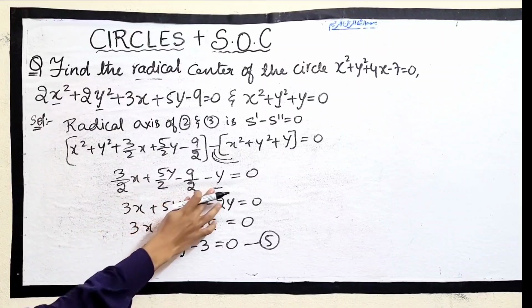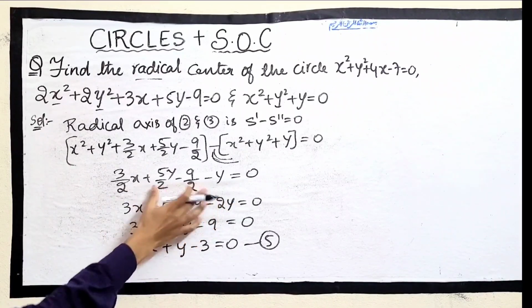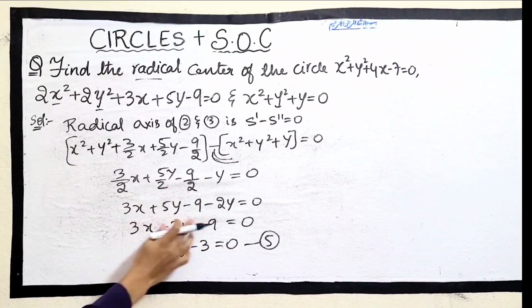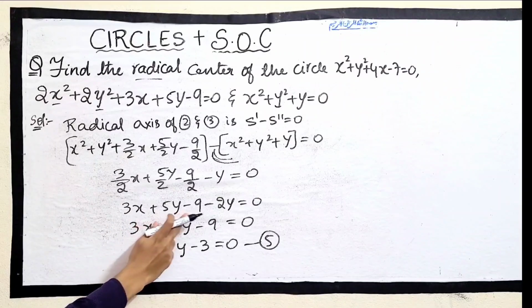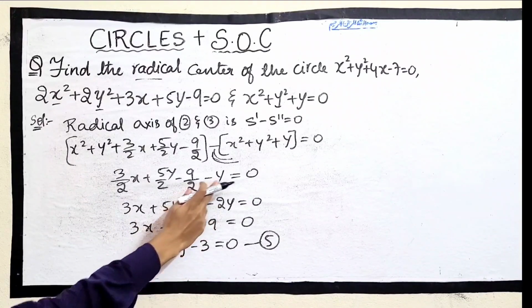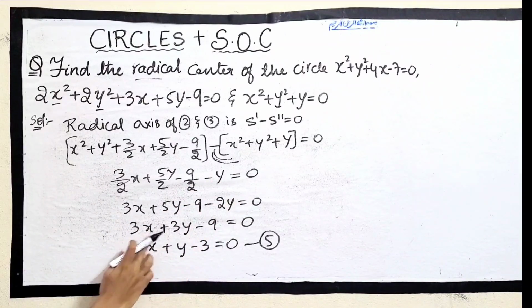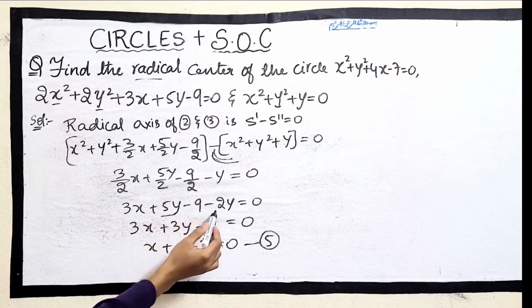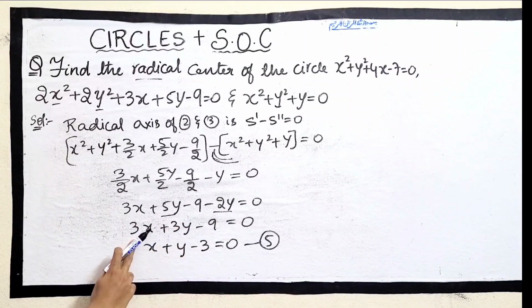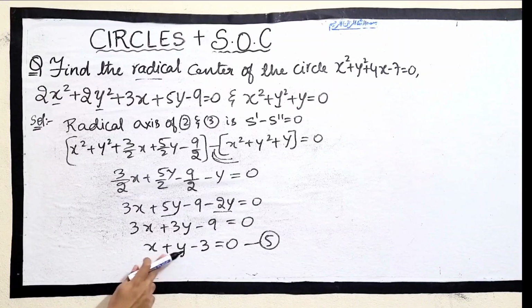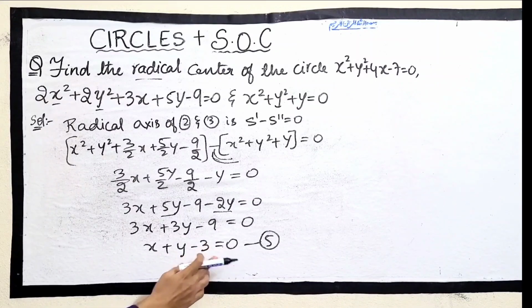Just take the LCM of these terms. You will get the simplified equation as 3x plus 5y minus 9 minus 2y equal to 0. After simplifying, 5y minus 2y will be 3y. Now just take 3 common. So the simplified equation is x plus y minus 3 equal to 0, which is equation 5.